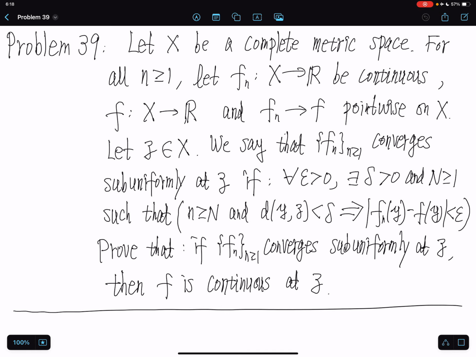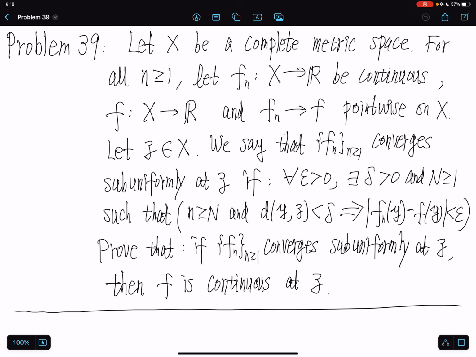Okay, let's see. So basically, first we recall that converges uniformly for a sequence of f sub n means for all epsilon greater than 0, we can find some capital N such that the absolute value of f sub n of y minus f of y is less than epsilon whenever n is greater than capital N. There's no metric involved, right?